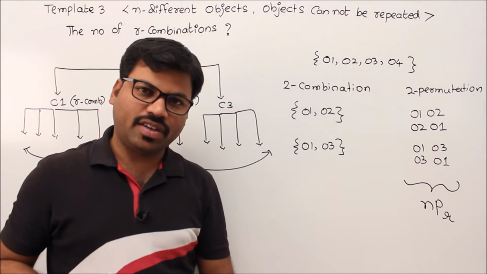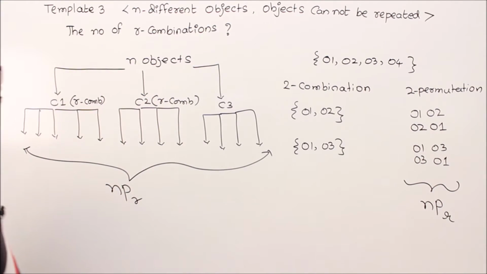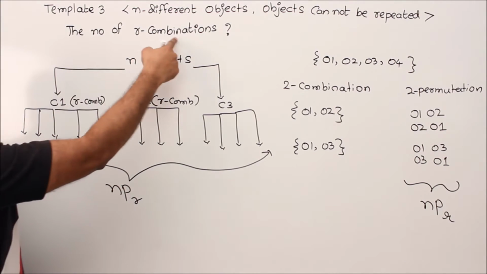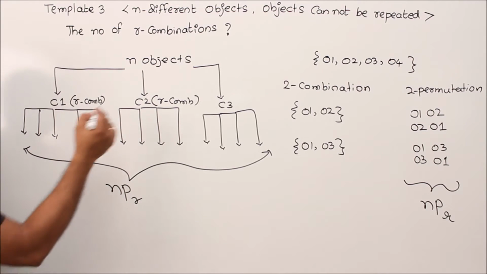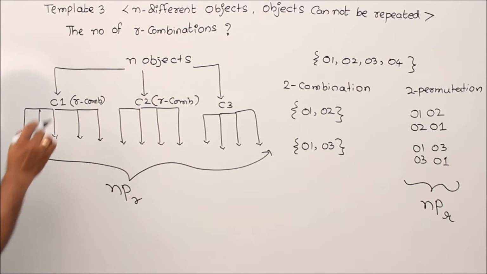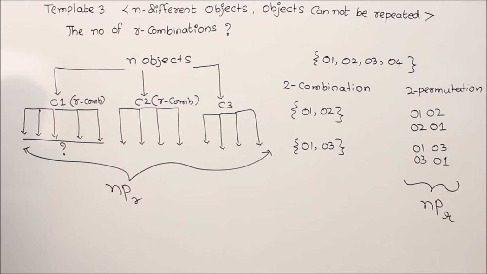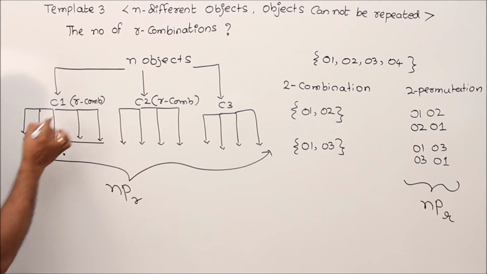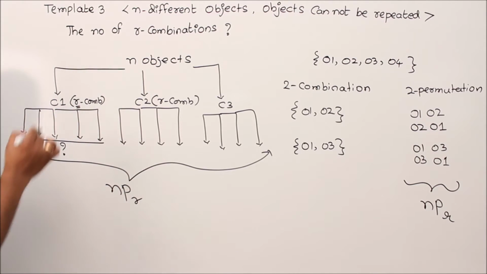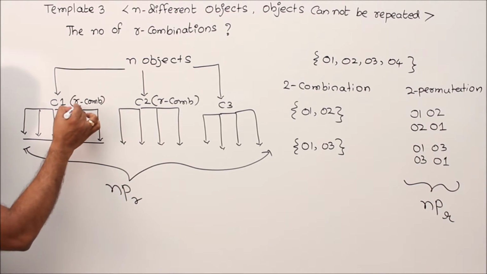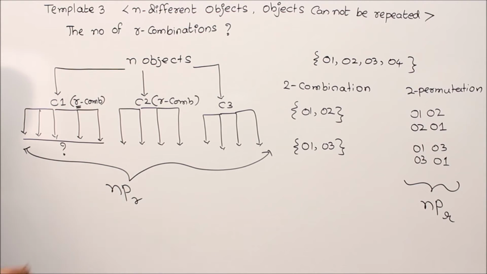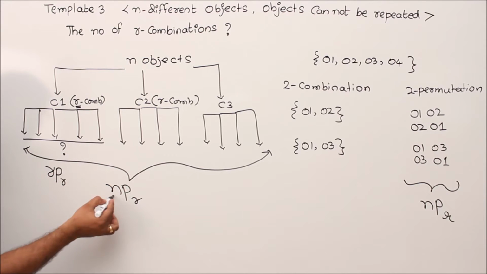Go to template number 1 and understand it. Now we don't know how many R combinations we have. Let's say we have X such R combinations, but every such R combination has these many permutations. How many are they? We have to find out. They are exactly, so it's like arranging R objects in the line which are taken from R. If you arrange R objects in the line which are taken from R objects, then the total number of such permutations is RPR, like NPR.